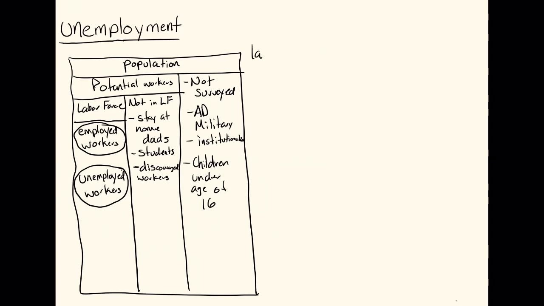The labor participation rate serves to identify what percent of potential workers are in the labor force, and is therefore calculated by dividing the labor force by potential workers and multiplying by 100.